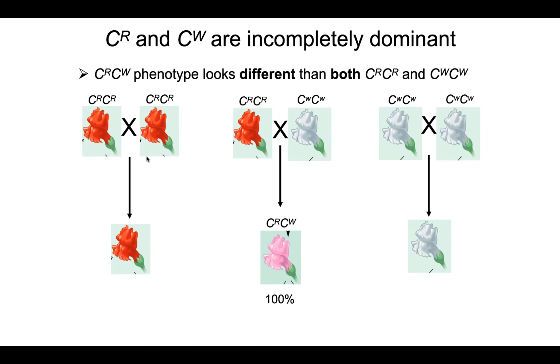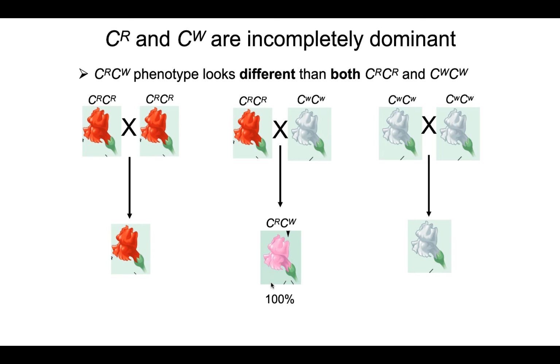And we have pure breeding red flowers so that we know that they are homozygous for this red color. We have pure breeding white flowers, so we know that they are homozygous for this white allele. And when you cross the homozygous red to the homozygous white, you get 100% of the offspring, which we know must be heterozygous, that are neither red nor white. They're pink. They're a completely different phenotype.